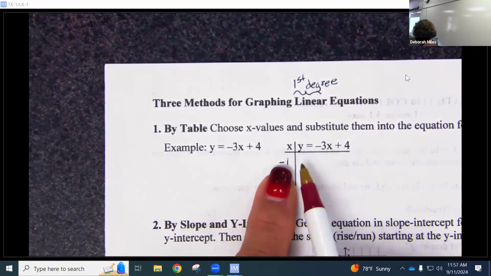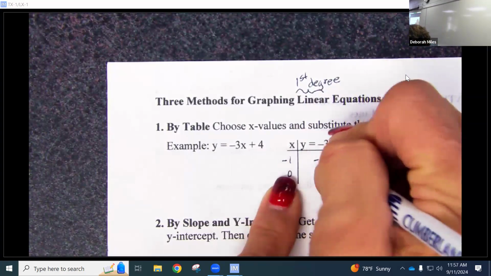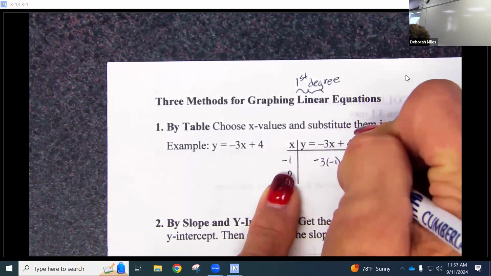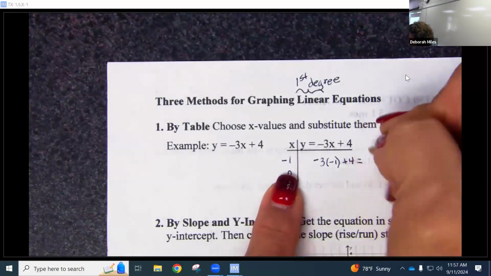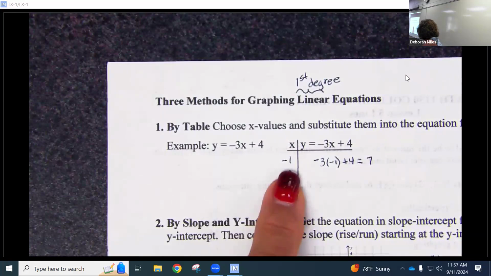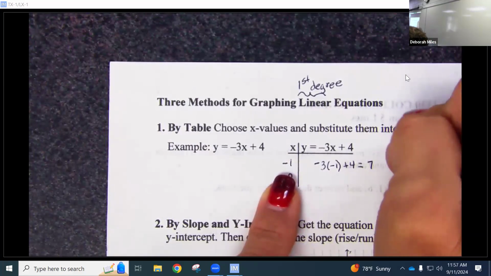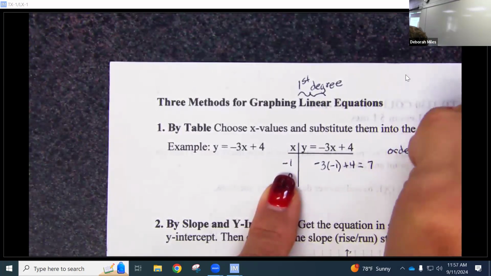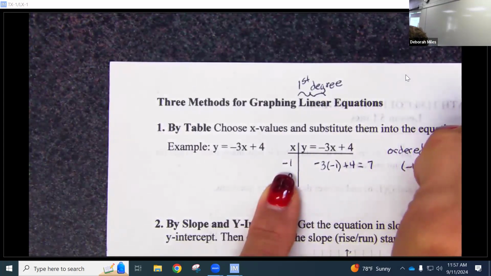If you let X be -1, then Y will be -3 times -1 plus 4, which is 7. And we have found one ordered pair that's on that line. The ordered pair that we have found is -1, 7.